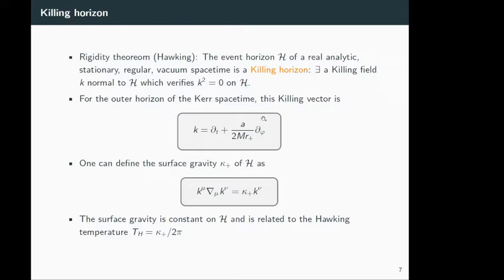Using this Killing field, you can define the surface gravity of the Killing horizon. There are many equivalent definitions in GR, but this is one way, looking at the infinity of this vector field K. This surface gravity is then related to the Hawking temperature. So you have this very nice structure in Kerr that the event horizon is also a Killing horizon.